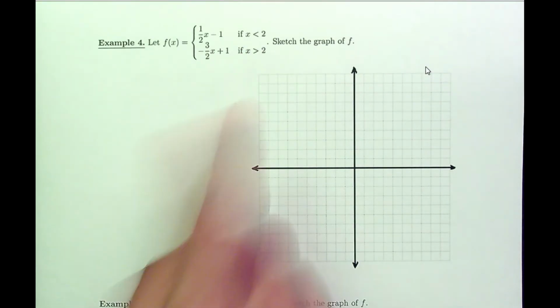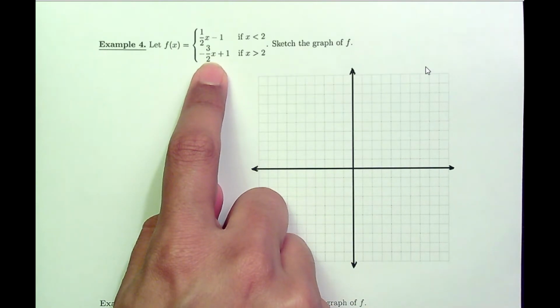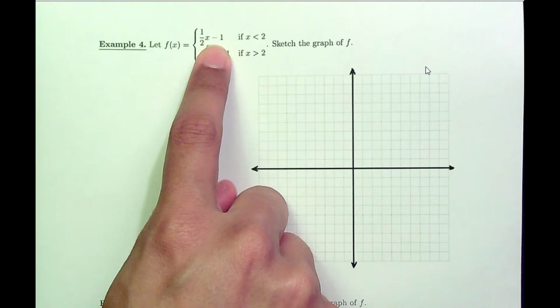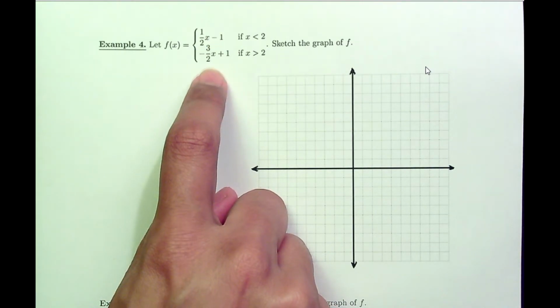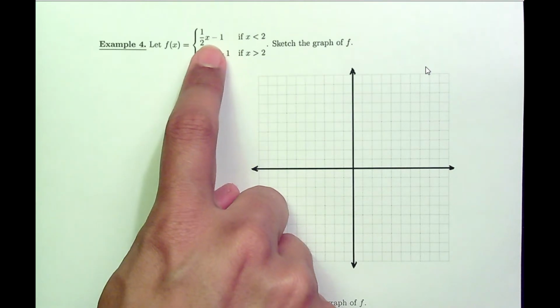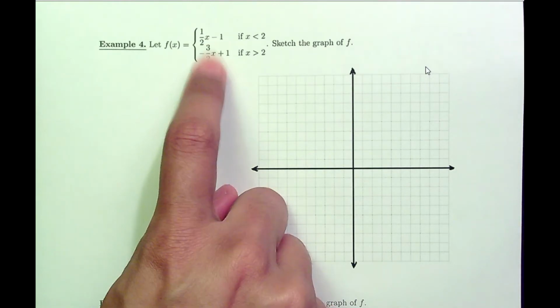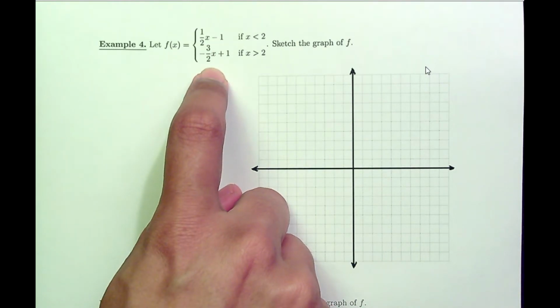And also note that both pieces, if I were to graph any one of them individually, that's a line, and the one on the bottom would also be the graph of a line as well. But they're cut short. So this line, I'm only going to take the part from minus infinity all the way to 2. And for this one, I'm going to take the part from 2 to infinity.